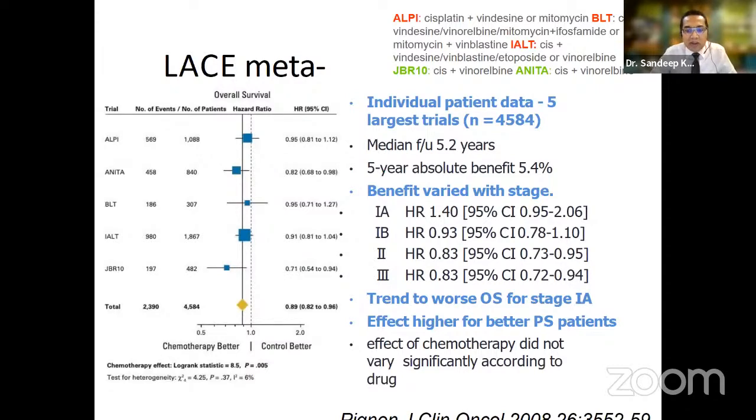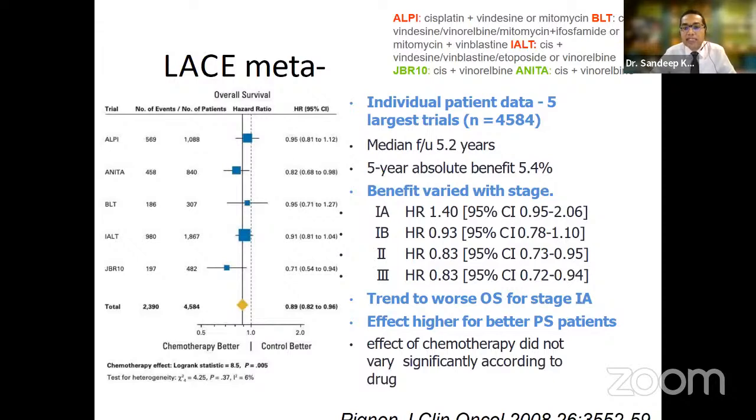So this was a Pignon meta-analysis published in JCO way back in 2008, the LACE meta-analysis, which actually included the 5 largest trials that I have included so far, and they commented upon that the trend was worse for stage 1A, which can get away without chemotherapy. Hazards for stage 1A and 1B were approaching either 1 or more than 1.